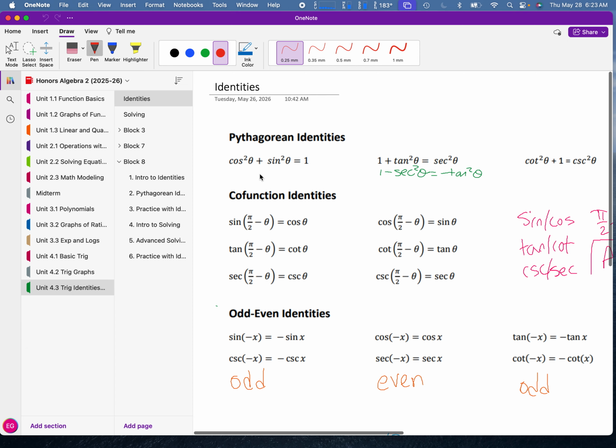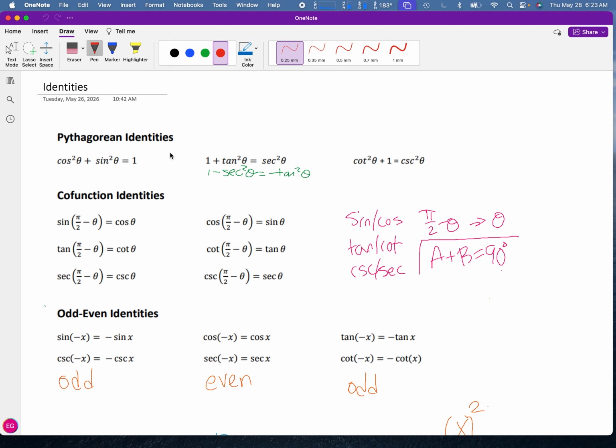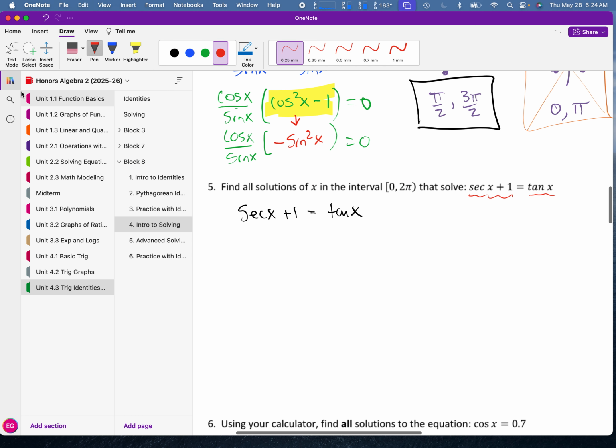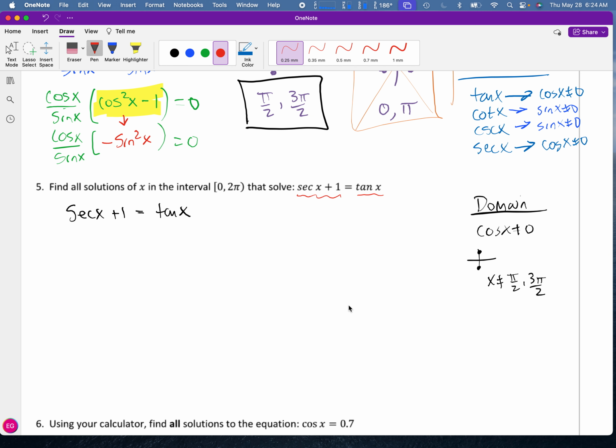If I go look at my identities, oh, there's one right here: 1 plus tan squared equals secant squared. So it would be really cool if I had these things squared. Because if they were squared, I would be able to use that identity, which was tan squared theta plus 1 equals secant squared theta. So that's an identity that is relating these things.